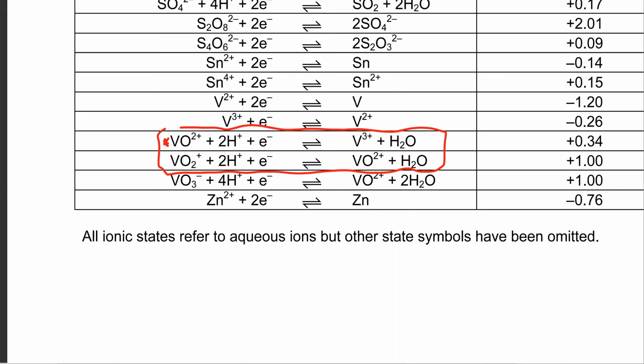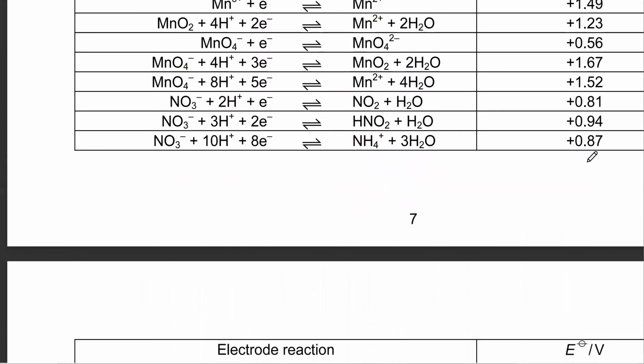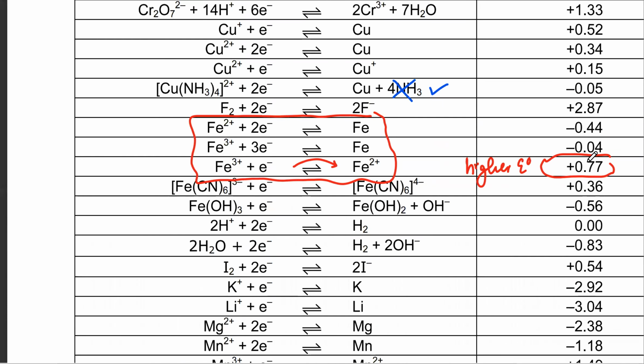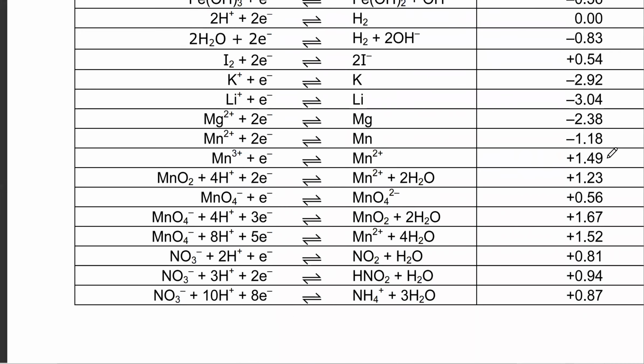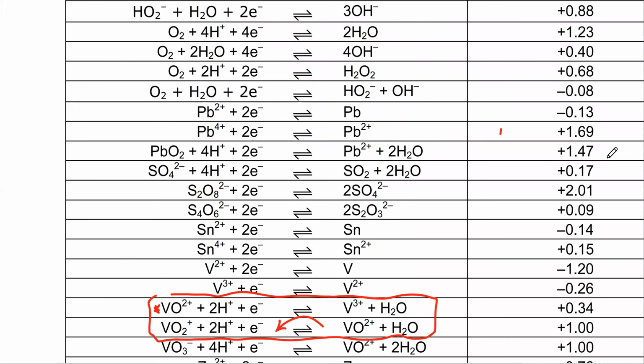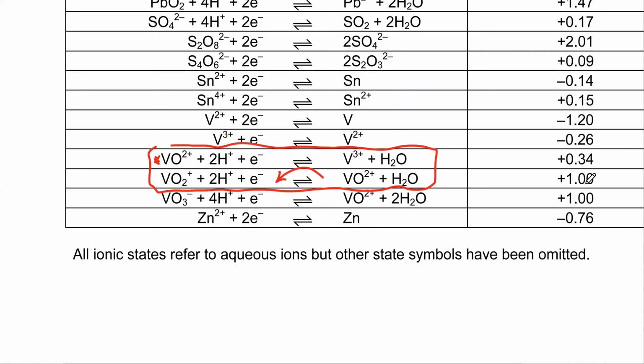But the problem now is your highest E naught actually has a potential that's lower than the lowest E naught. If you look at the equation that you selected for the highest E naught, that was 0.77. When you were trying to figure out the equation for the lowest E naught, every equation got eliminated except for the last one, and that one had a voltage of 1 volt.